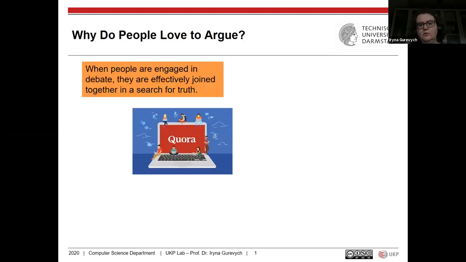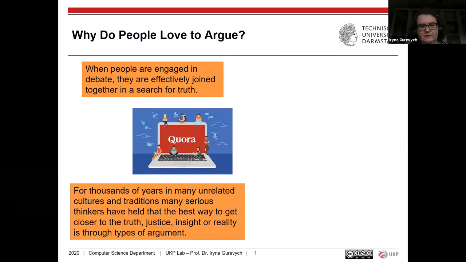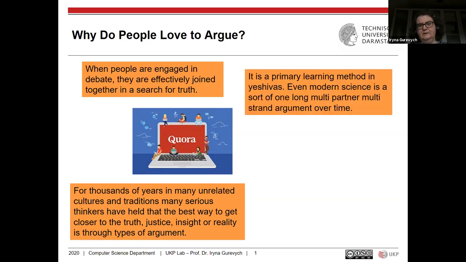Let's have a look at Quora, what people respond to this question. When people are engaged in debate, they effectively join together in a search of truth. For thousands of years, in many unrelated cultures and traditions, serious thinkers have held that the best way to get closer to the truth, justice, insight, or reality is through different types of argument.